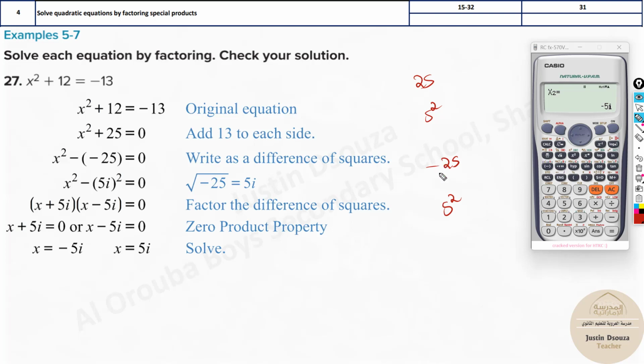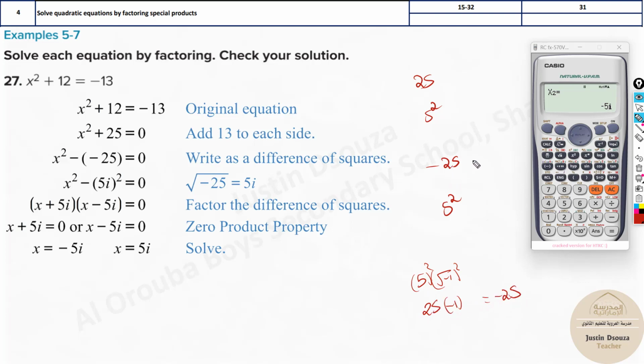If I do 5 squared, it's going to be positive itself. There's no way I can get minus. Only and only if there is an imaginary number. Why? Because imaginary number is root minus 1, isn't it? So this will be squared and this will be squared. It's 25 and minus 1. So it will be minus 25.